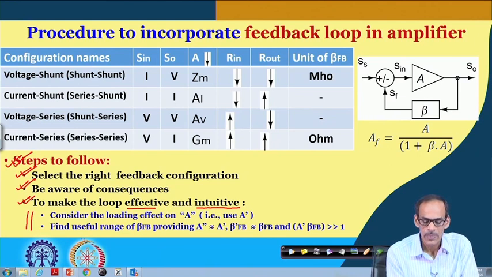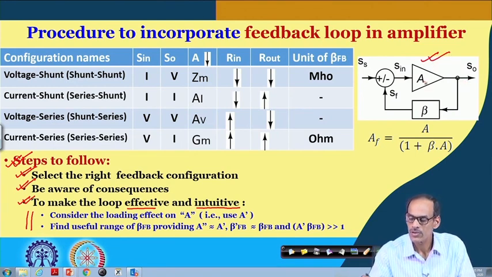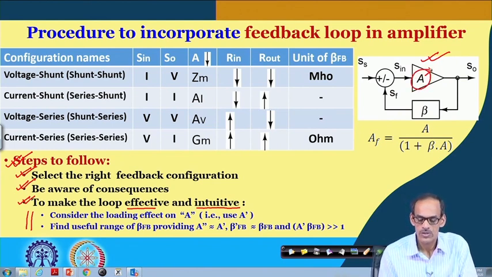First thing is that whenever we are considering this feedback system model, we assume that if there is any load, the effect of the load has been considered in A, which means that we need to consider A dash instead of A, or at least we make sure that the effect of the external load has been taken care of, if it is possible to do so.